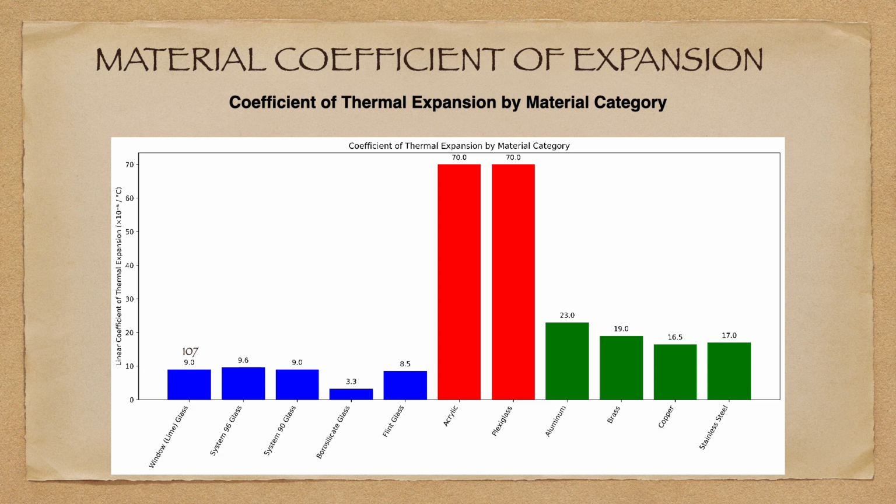Likewise, the green bars represent the metal substances, aluminum, brass, copper, etc., and they have medium range coefficients of expansion. So the fastening of these materials usually is best accomplished by techniques other than glues and adhesives.